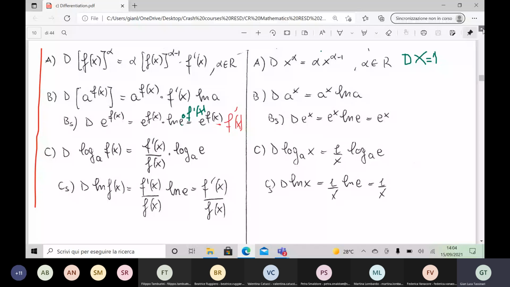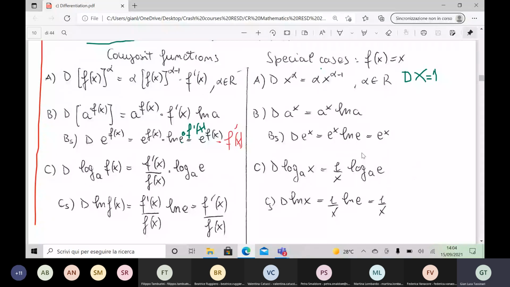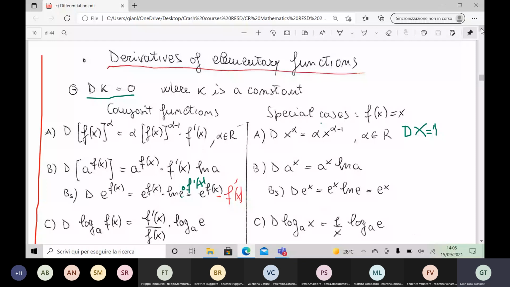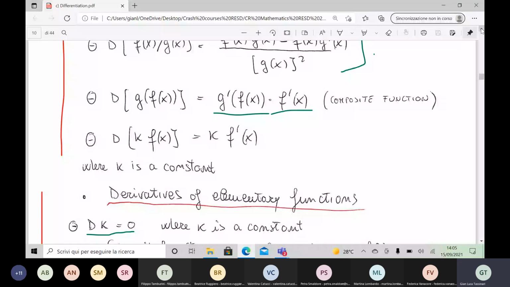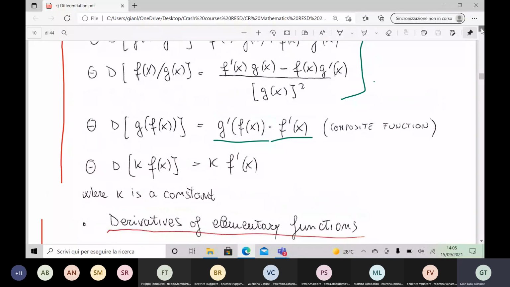But if someone did not study mathematics for several years, or never studied derivatives, at the beginning you need to use this table. But after having done exercises, you no longer have to use the table. You are not allowed to use the table during, for example, the exam of mathematical methods and tools. So we start.